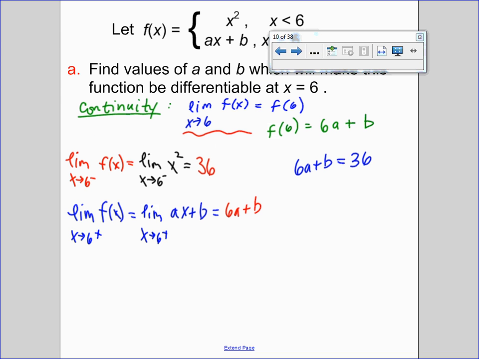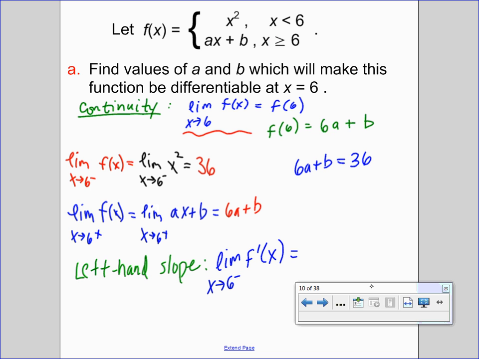That is the limit as x approaches 6 from the left of f prime of x. So here we go, left-hand slope. So my left-hand slope would be the limit as x approaches 6 from the left of f prime of x. Again, we use the top definition for that.